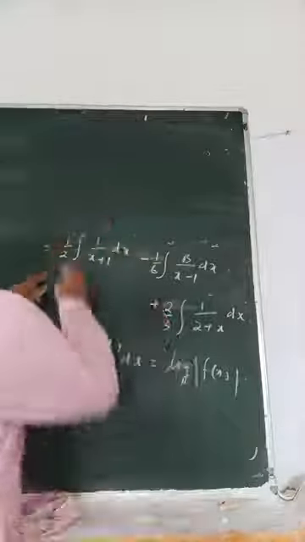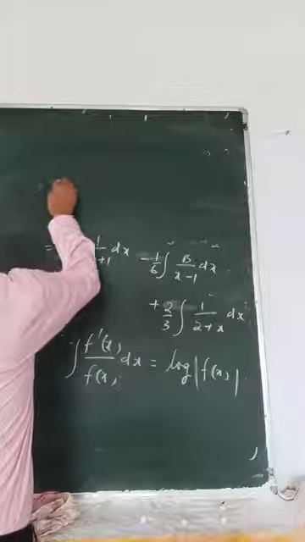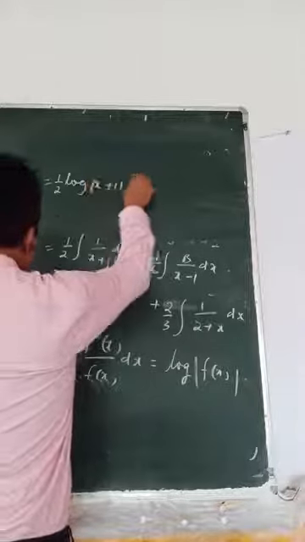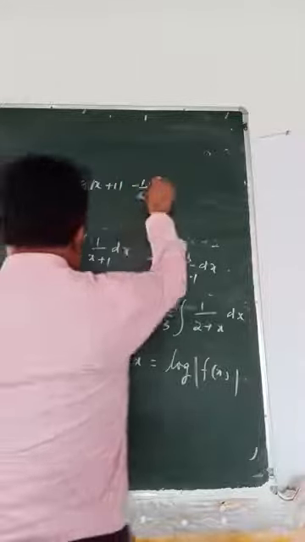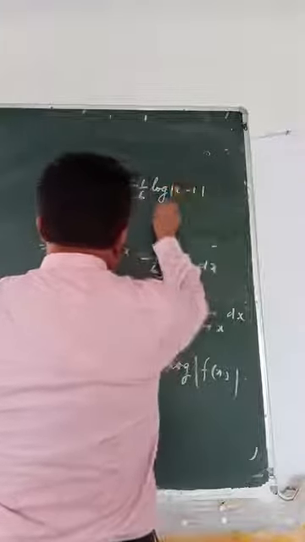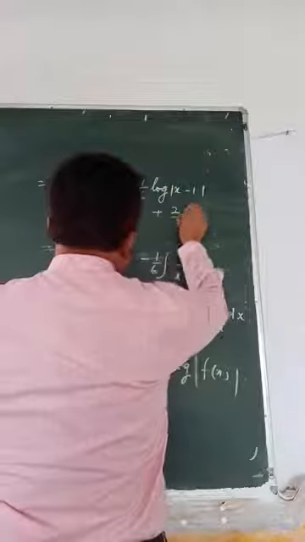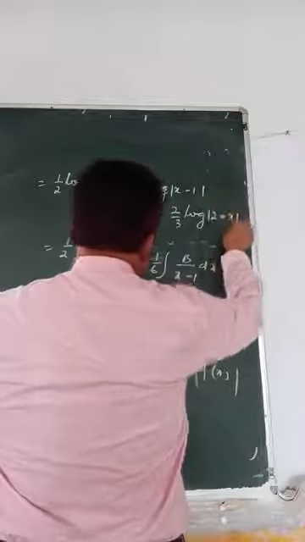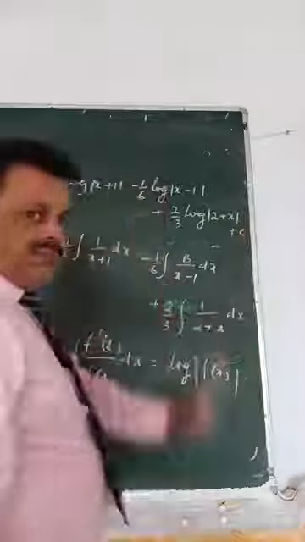This is log x plus 1 minus 1 by 6 log x minus 1 plus 2 by 3 log 2 plus x, then a constant. So two types we will solve.